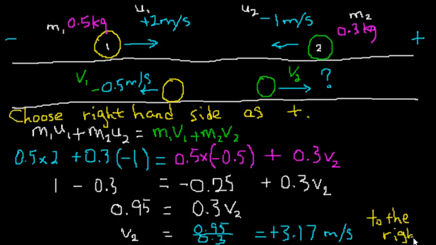That would be quite brief, or you can make a longer and clearer sentence. Either way, this gives us the full answer: 3.17 meters per second to the right is the velocity of v2.